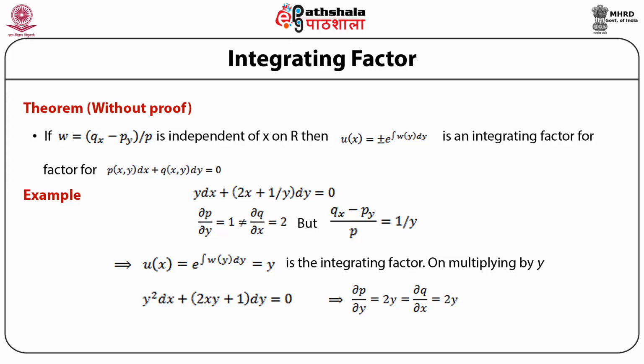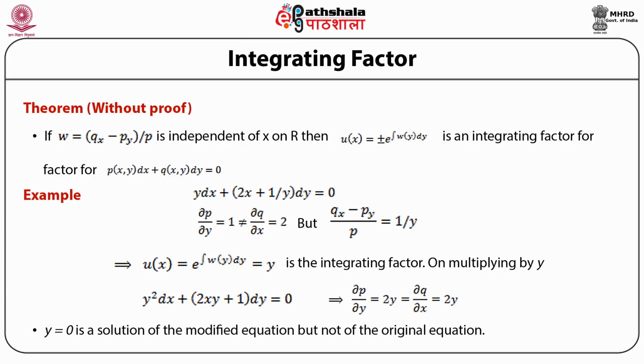This is equal to del q by del x, which is again equal to 2y. Hence, y is equal to 0 is a solution of the modified equation but not of the original equation. Thus, this is a spurious solution.